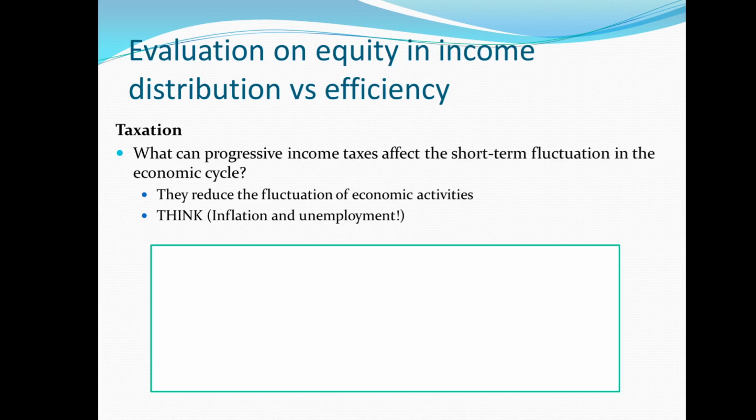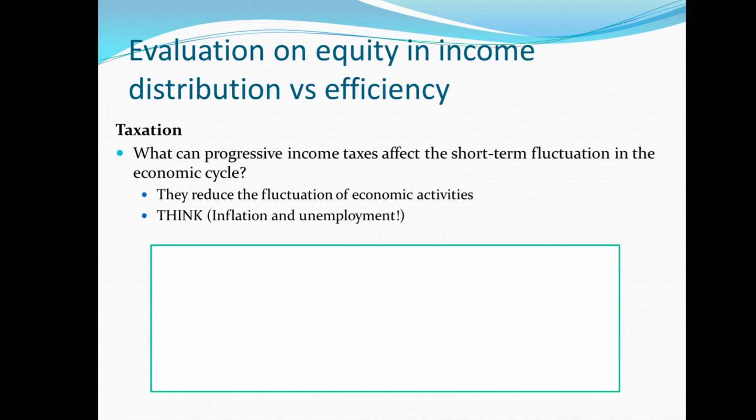When you think about the short-term fluctuation, one system can make the difference, either when you are at a high point or at a low point. At a high point, it will stabilize the economy; at a low point, it will stimulate the economy. That's the purpose.